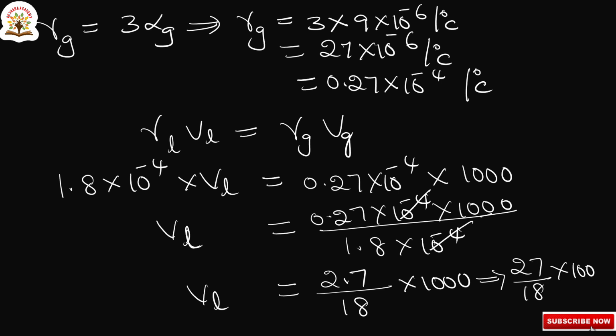Now taking cancellation, 9 2s are 18, 9 3s are 27. Here again 2 1s are 2, 50s are, so 3 50s are 150. So VL is equal to 150 ml. This is the volume of the liquid. So VL is equal to 150 ml. Okay. Next we will go to the next question.